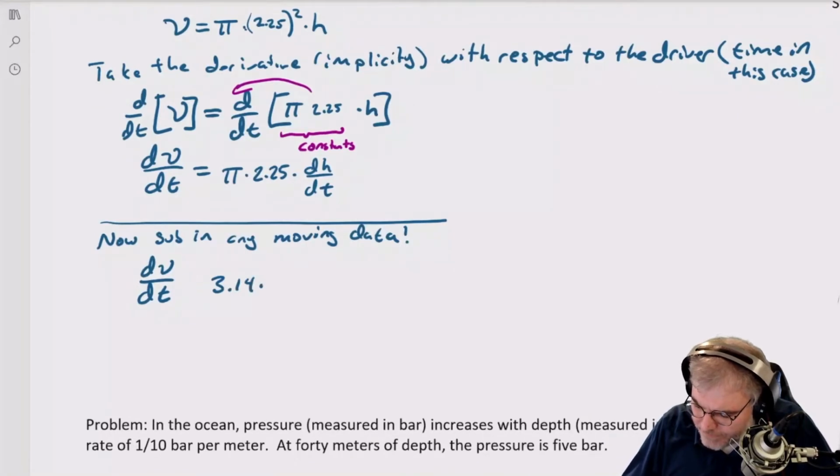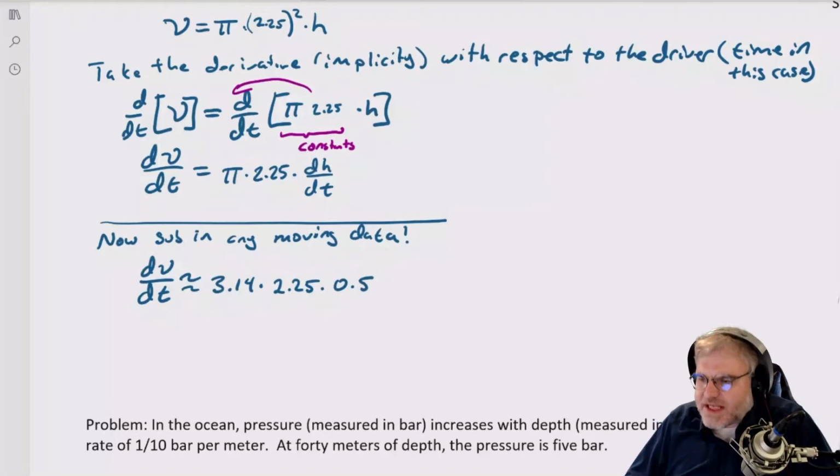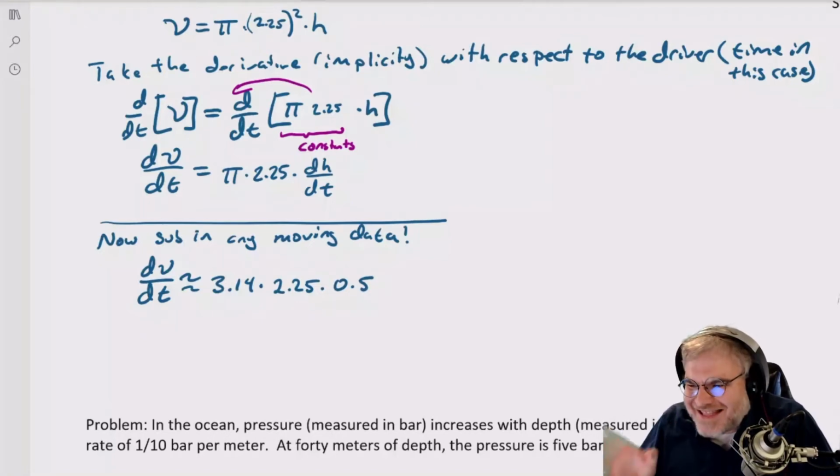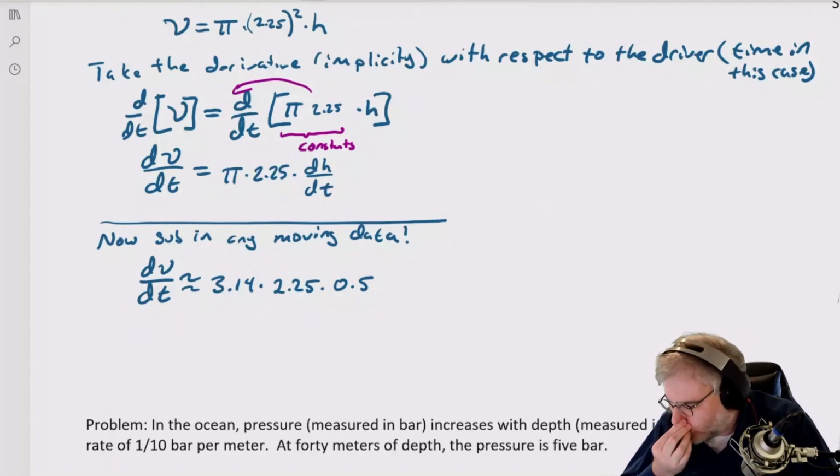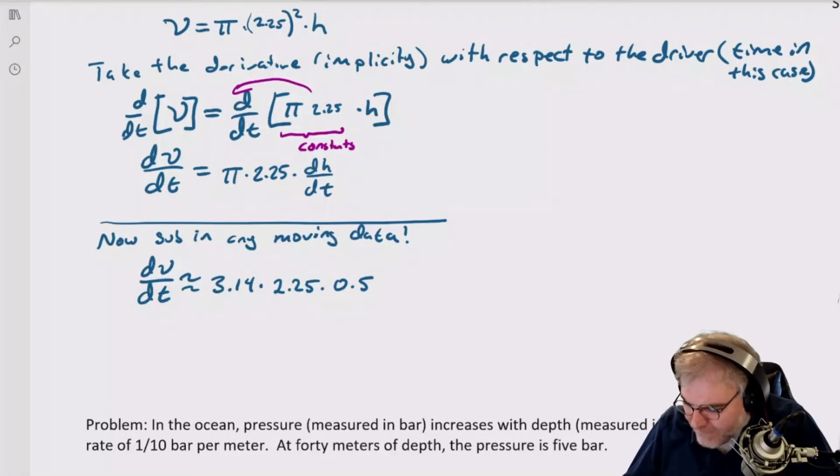Makes it an approximate. Times 2.25 times 0.5. And the only reason I'm putting in a decimal for this is because I had decimals in the answer. If I didn't have decimals, I'd want to leave everything like it was. Okay, so I'd want pi in the answer if I didn't have that.